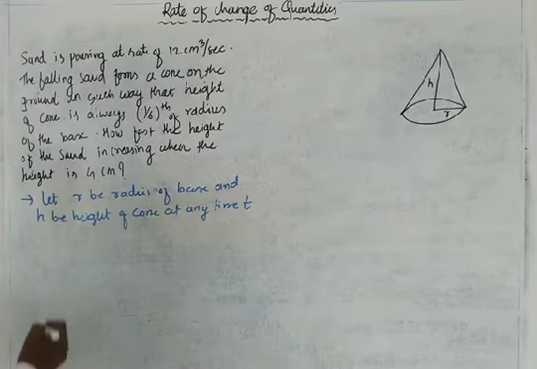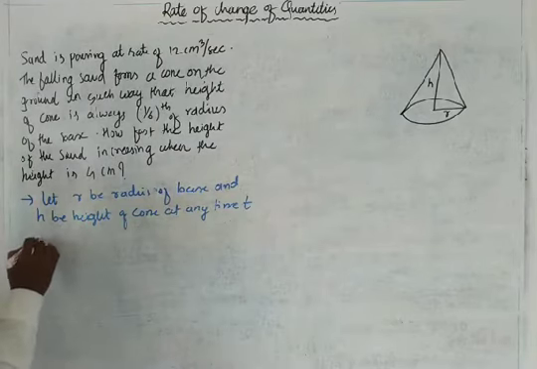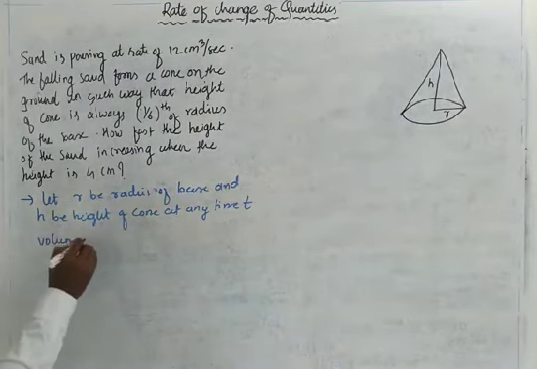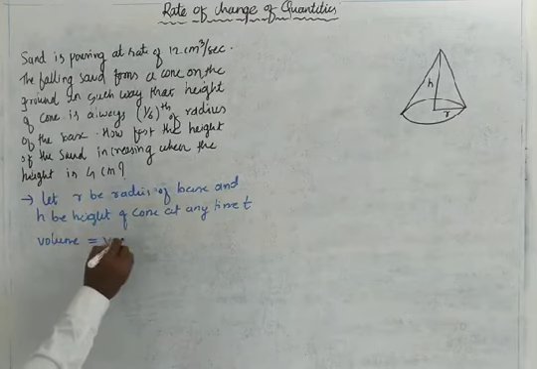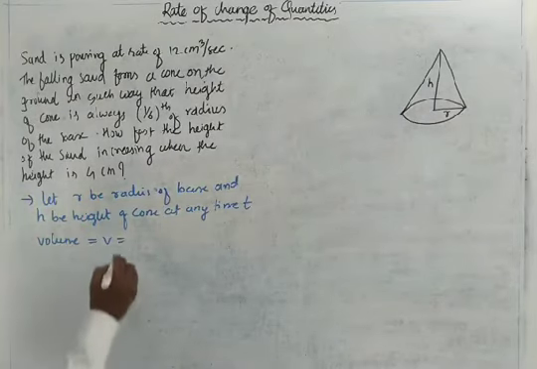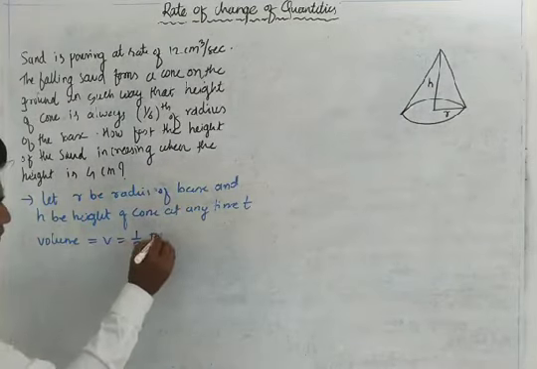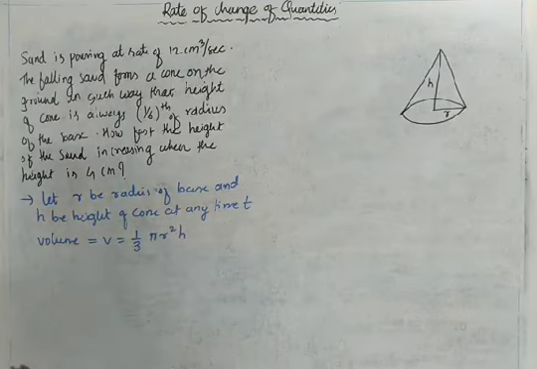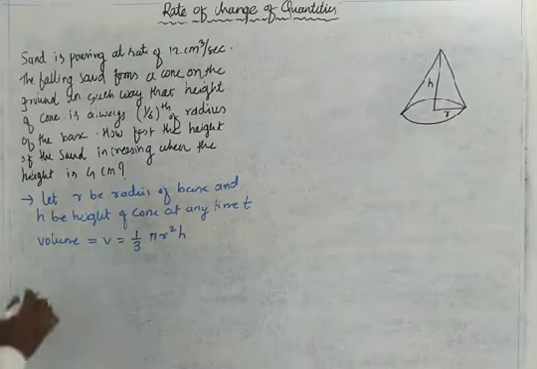Now we know the volume formula: V is equal to 1 by 3 pi r square h.